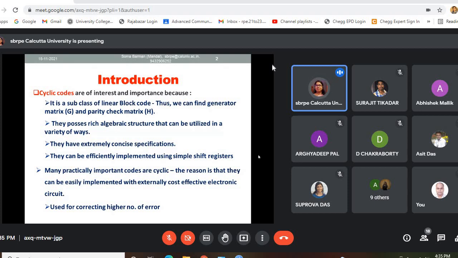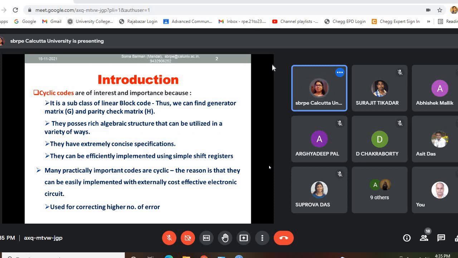So it is practically very useful, and it is used for correcting a higher number of errors. In case of the block code that I have discussed, that is for single error correction. So for more than a single error, you can go for the cyclic code.